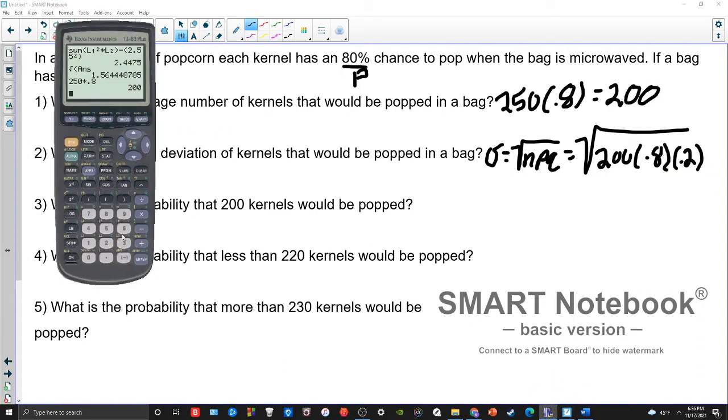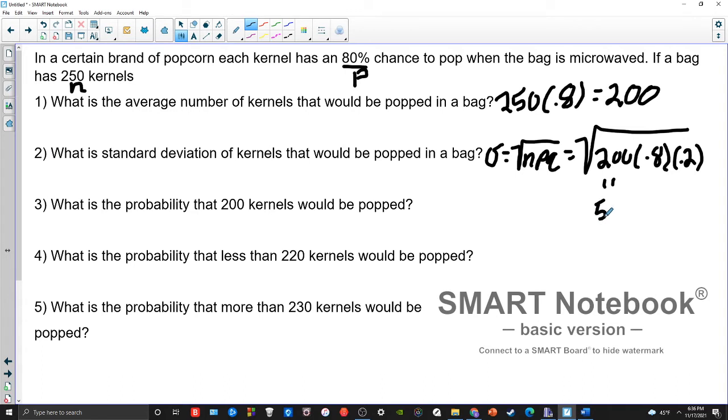And so if we do that here, 200 times 0.8 times 0.2, and we square root that, we get 5.66 if we round that up. So again, for a binomial, you have the shortcut to do standard deviation because binomials are special. They're not like a normal probability distribution. That's why they have their whole little subgroup.